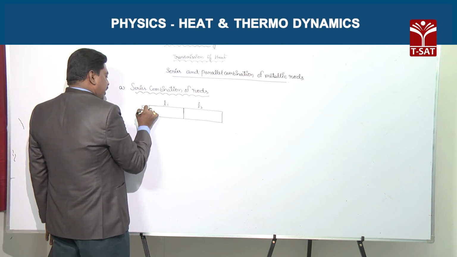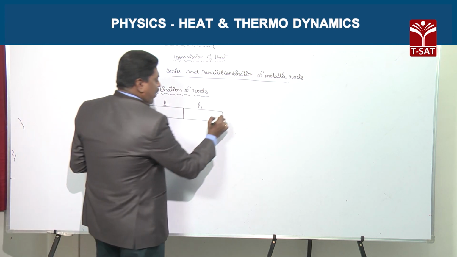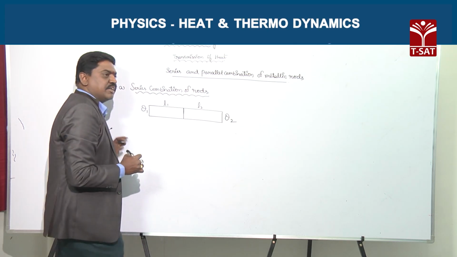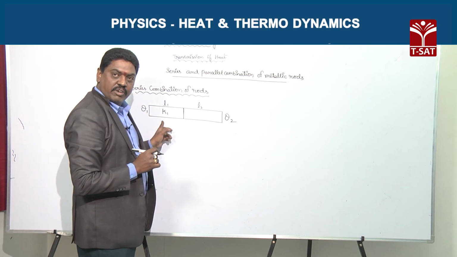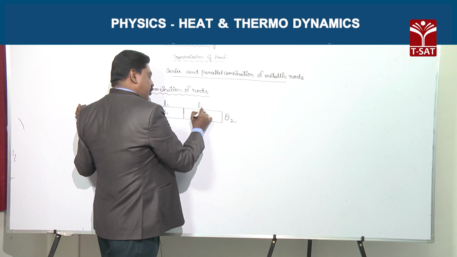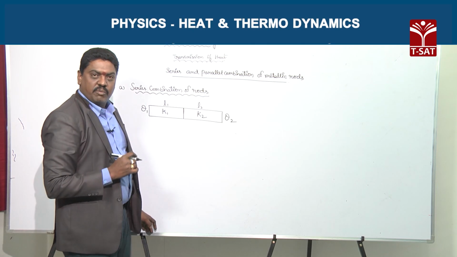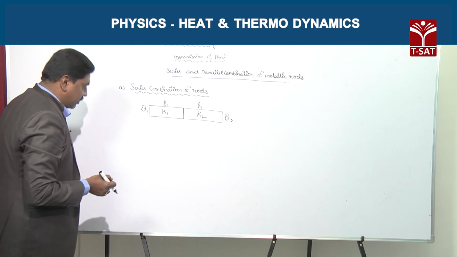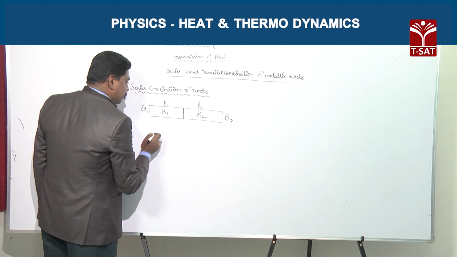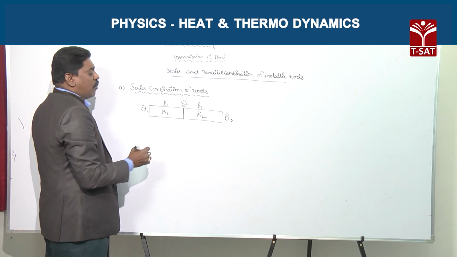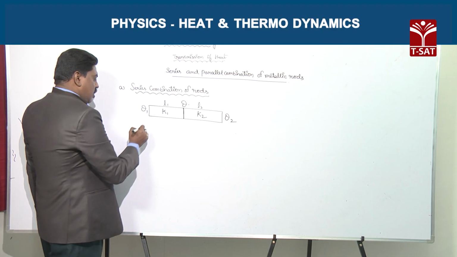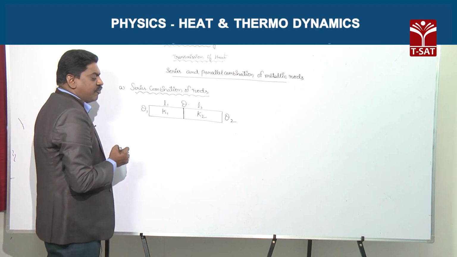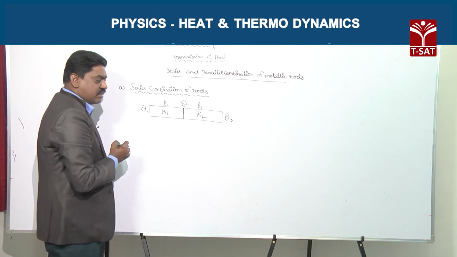Let theta1 be the temperature at one end and theta2 the temperature at the other end. K1 is the coefficient of thermal conductivity of one rod and K2 of the other rod. Theta is the common temperature at the joint of the two rods. Rate of heat flow remains the same in both cases.